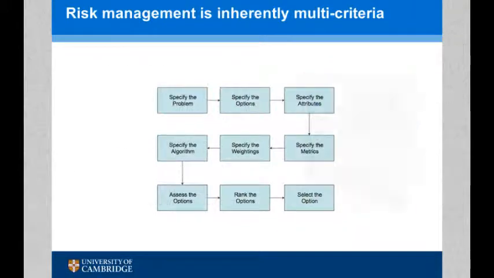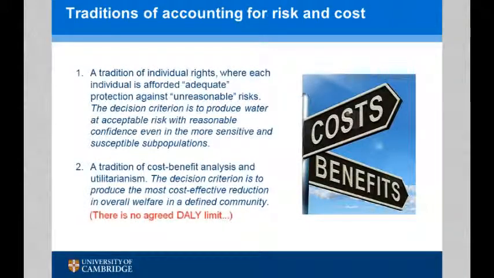We have two traditions of doing risk analysis. The first is the individual rights tradition, and one of my arguments here is going to be that the historical regulatory approach in the U.S. has typically focused on an individual right. And what we do is we say we want to have water that's acceptable risk, whatever level of risk you want to think about, and we need to have reasonable confidence that it is in fact an acceptable level of risk, which we then take care of by uncertainty factors and variability factors to take into account sensitive and susceptible subpopulations.